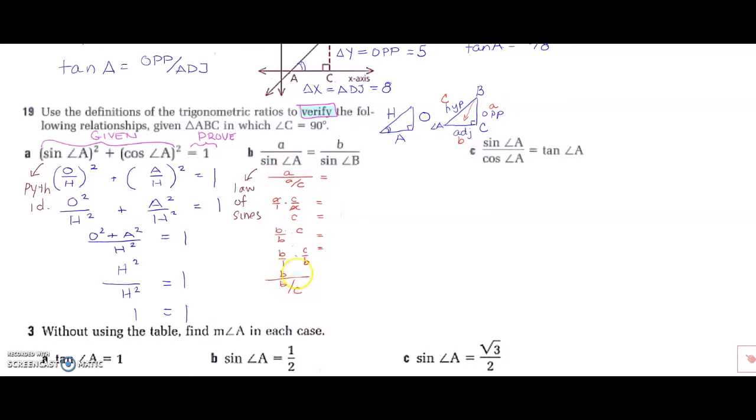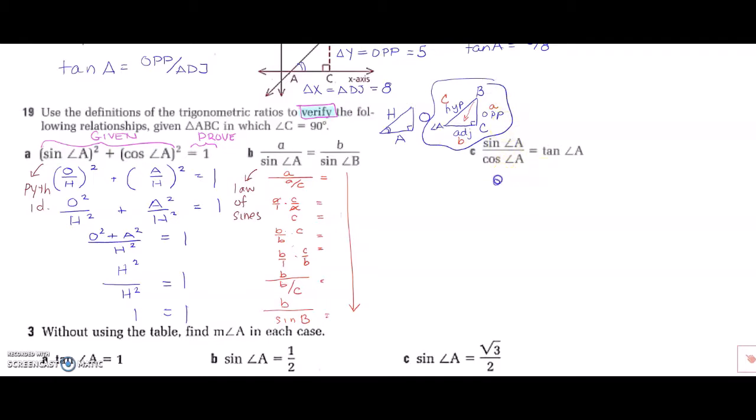And then we said B divided by C was the sine of B. And then here we have a reciprocal identity where the sine of A, I'll use this diagram, the sine of A is the opposite divided by the hypotenuse.